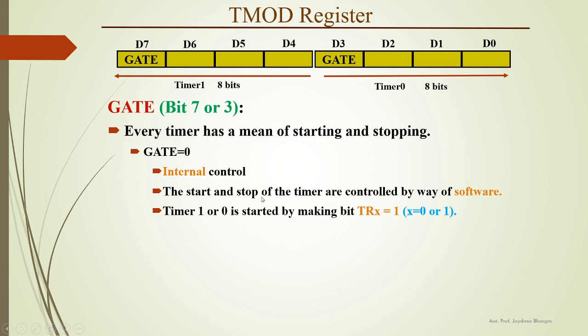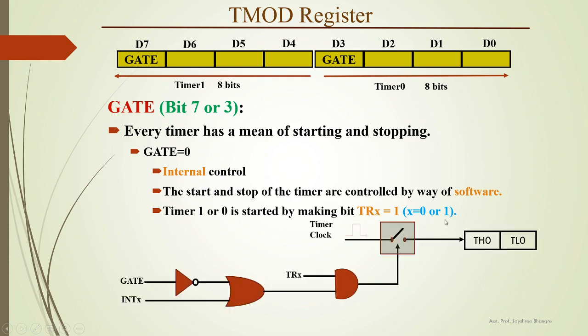That means we can start and stop the timer by way of software. Timer 1 or 0 is started by making the bit TRx equal to 1. TRx is nothing but one bit each for timer 1 and 0, where x is equal to 0 or 1. So let's see how this timer is controlled.